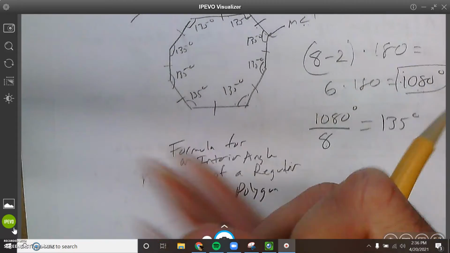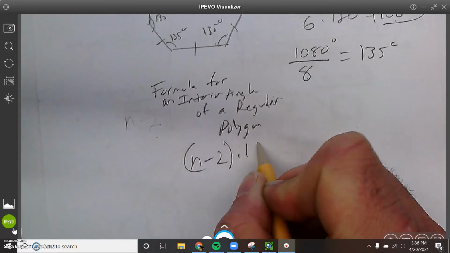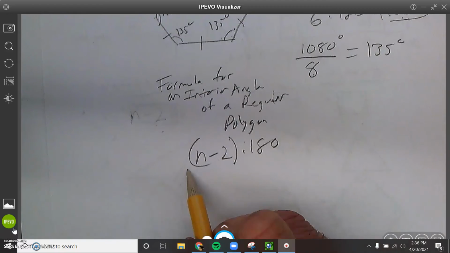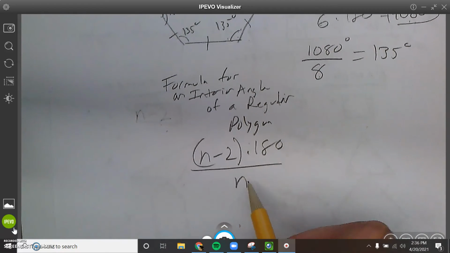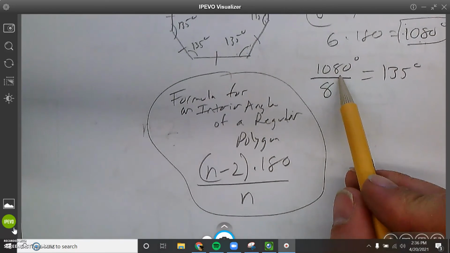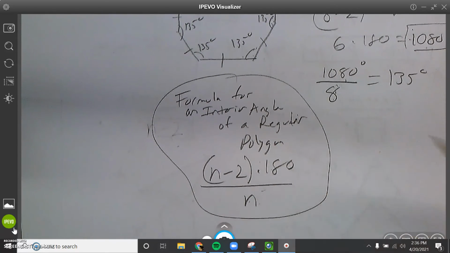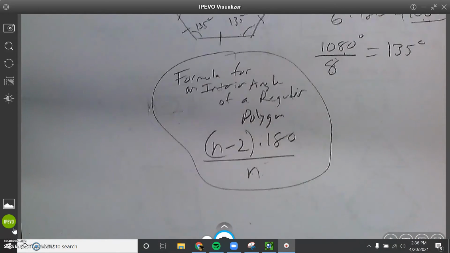I'm going to write it right here. So you figure out the total, and then you divide by the number of sides you have. There we go. So you figure out the total interior angles, and you divide by all the equal angles you have. There we go. So let's not even draw a picture.